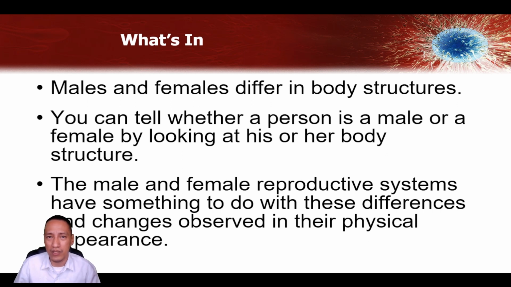Sa lalaki tulad ng mga muscles, bigote, pagtubo ng Adam's apple, pagbabago ng boses. Sa babae naman ay yung paghubog ng katawan nila, paglaki ng dibdib, yung balakang, at yung kutis nila. Lahat yun ay actually galing dun sa hormones na nilalabas ng ating mga reproductive system. Kaya hindi pwedeng mag-mix up unless there is a what we call abnormality or hindi tamang pagtimpla sa genes.